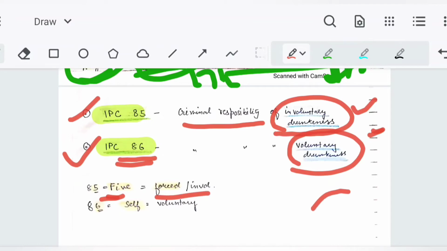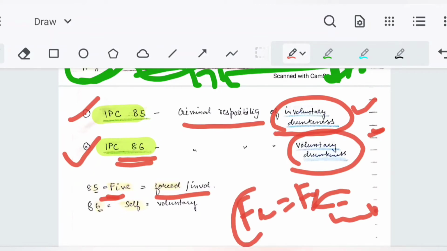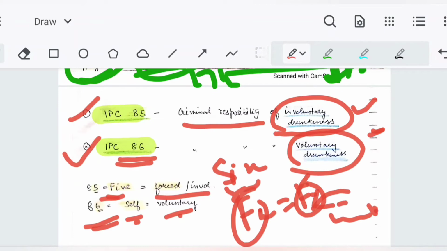He was being forced to drink, that's why it was involuntary drinking. Okay. So 5 is forced, F, and 6 is self, that is voluntary. So 86 is self or voluntary drunkenness and 85 is forced or involuntary drunkenness.